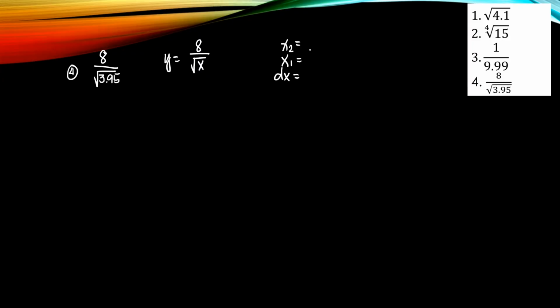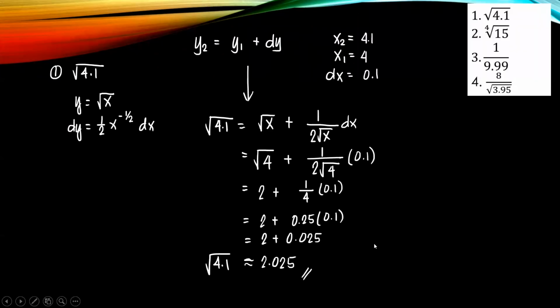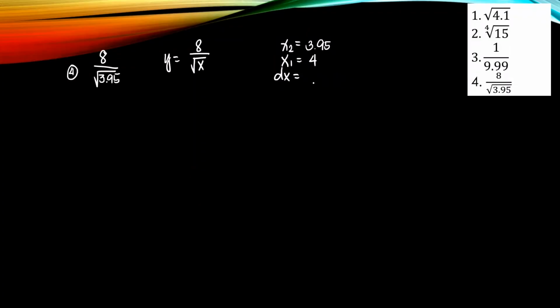The exact one is x1. The one with subscript 2 is always the one you're approximating. So the one you're approximating is 3.95. This is the 4. Okay? Always remember this. The subscript 2 is the one to be approximated. The subscript 1 is the exact one. So dx is negative 0.05.